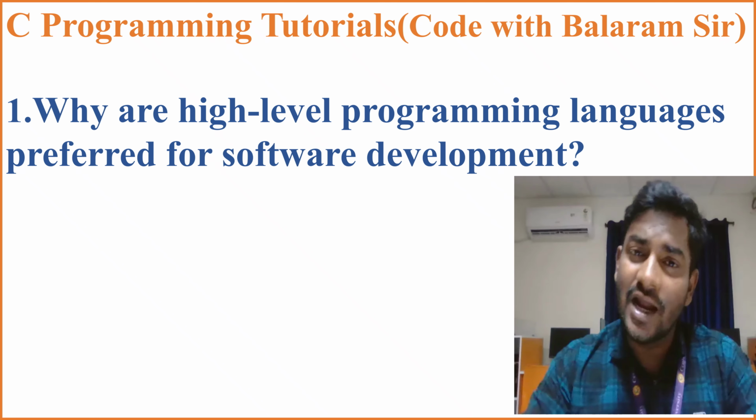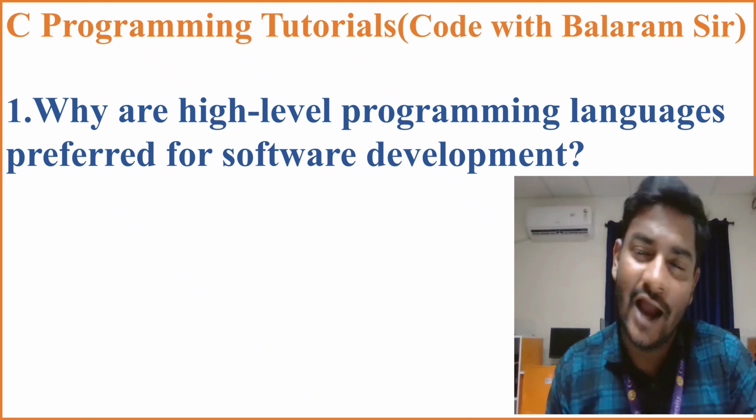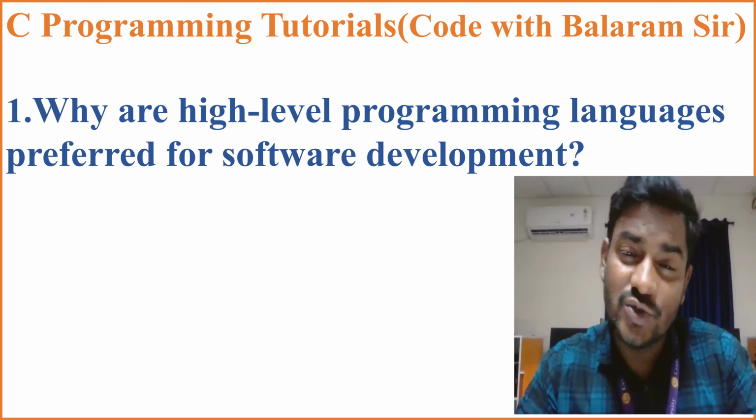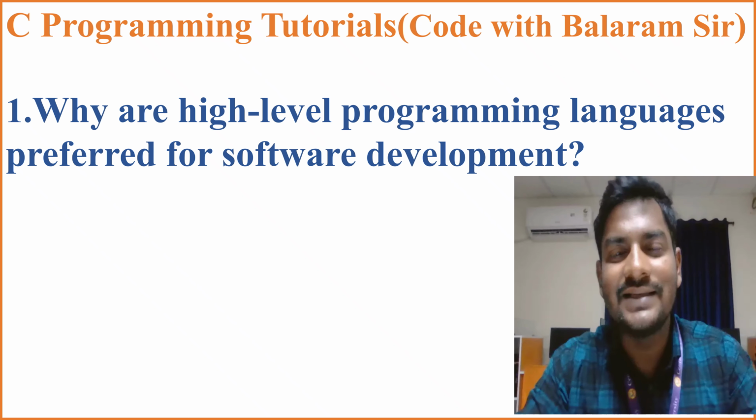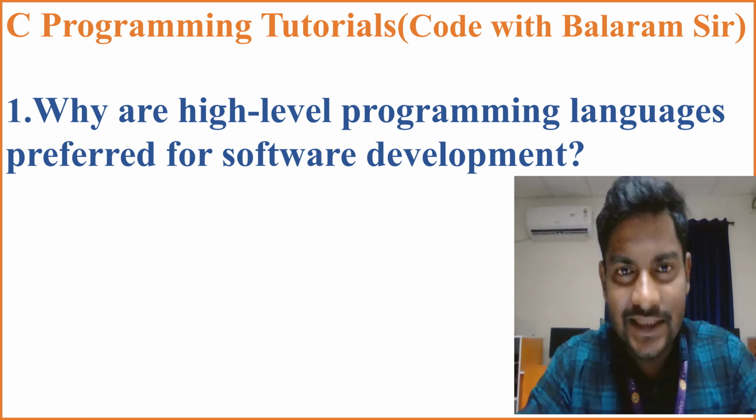Now the question is, what different high level languages are there? So here I'm keeping some high level languages like C, C++, Java, Python. You can check it here: C, C++, Java, and Python.